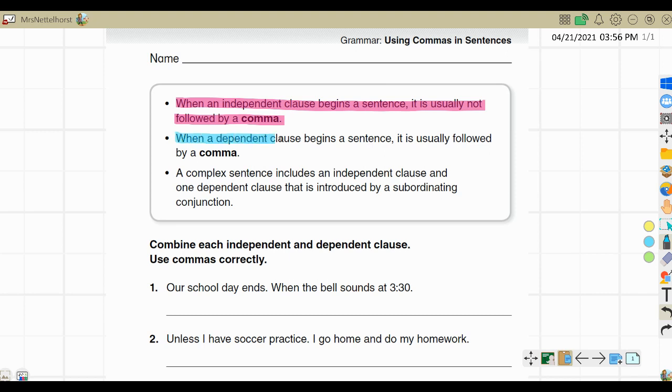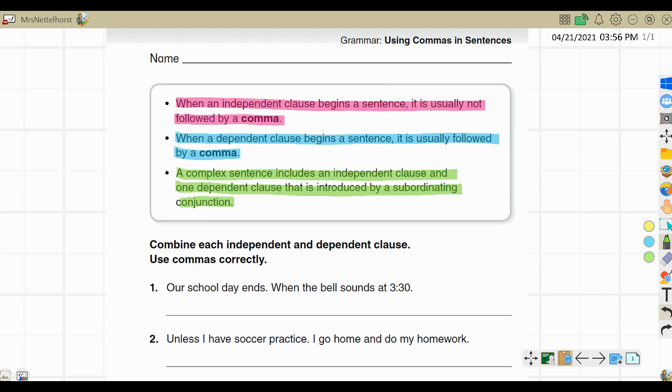The second rule, when a dependent clause begins a sentence, it is usually followed by a comma. Here you can see that. This is a dependent clause, comma, independent clause. Okay, the third rule is a complex sentence includes an independent clause and one dependent clause that is introduced by a subordinating conjunction.